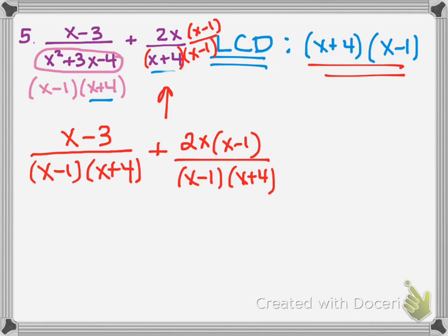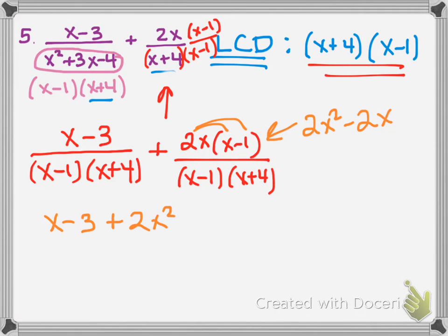So the first thing I'm going to do is distribute this 2x, and that's going to make this numerator 2x squared minus 2x. So I have x minus 3 plus 2x squared minus 2x all over x minus 1, x plus 4.